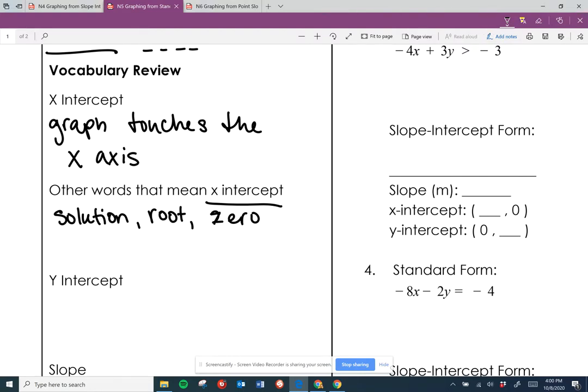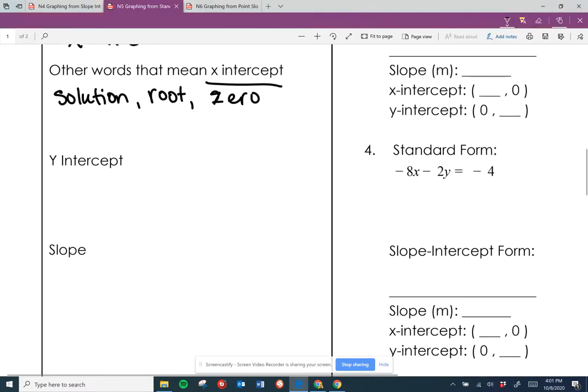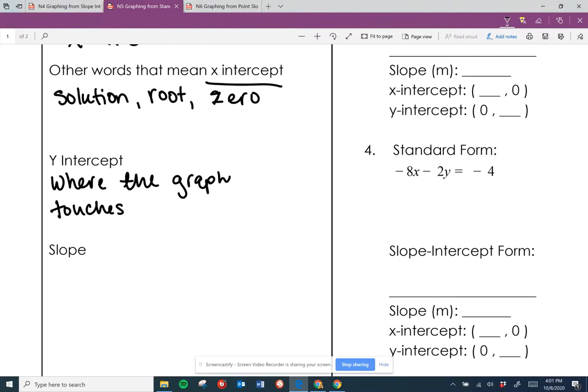The y-intercept is going to be where the graph touches the y-axis, your vertical axis.